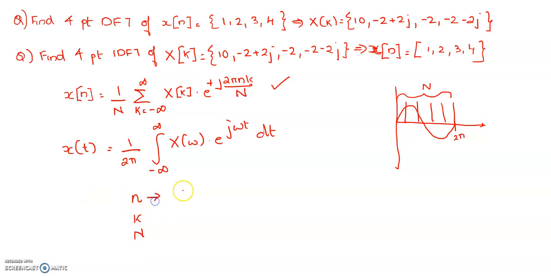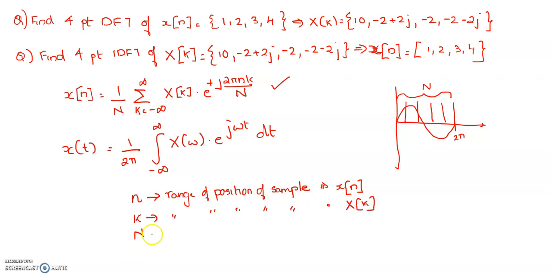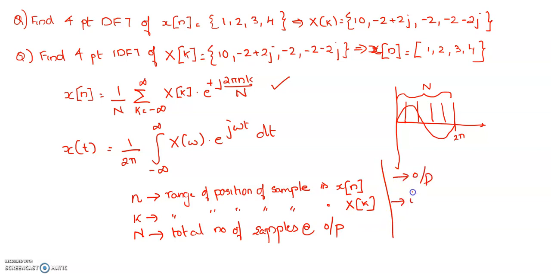If you remember from the previous case, n represents the range of positions of samples in x of n, k represents the range of positions of samples in x of k, and capital N represents the total number of samples at the output signal. Here in this IDFT problem, x of n is the output signal and x of k is the input signal.